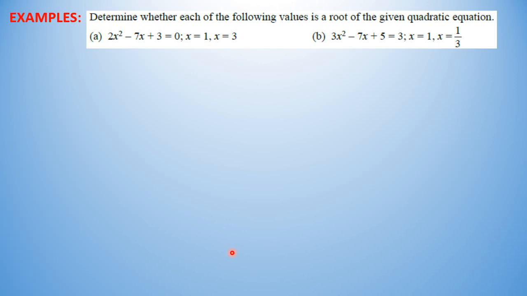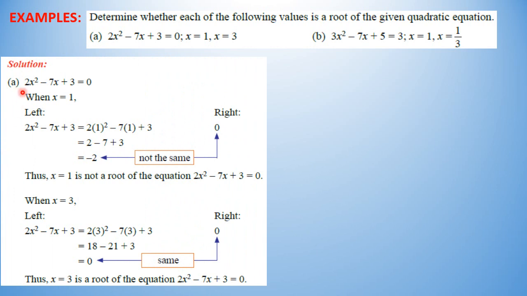Another example, determine whether each of the following values is a root of the given quadratic equation. Okay, I give you a quadratic equation here, and then I give you two values. After that, you have to determine whether these two given values are roots for this quadratic equation or not. So how do you do it? Okay, right here.